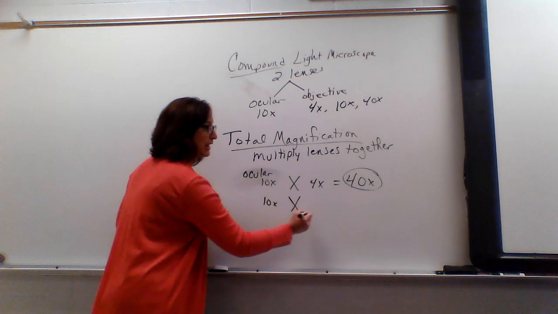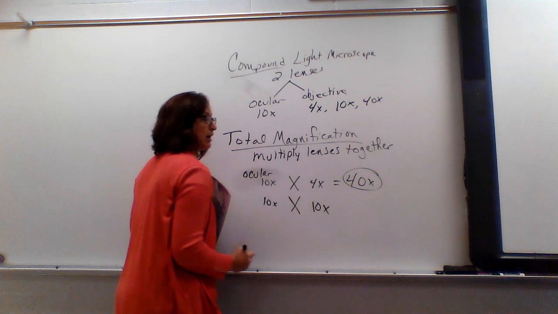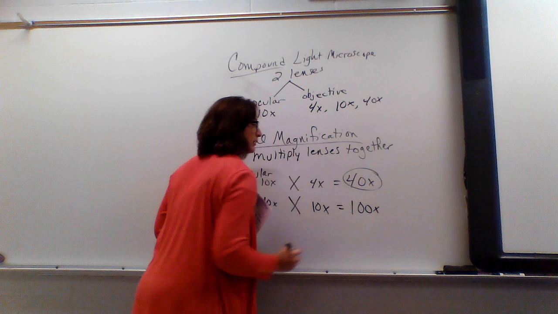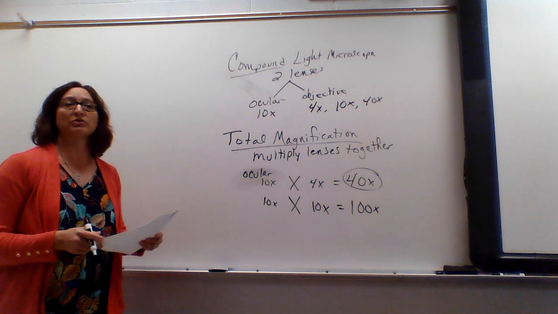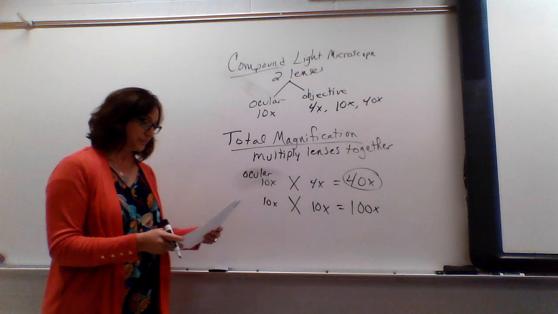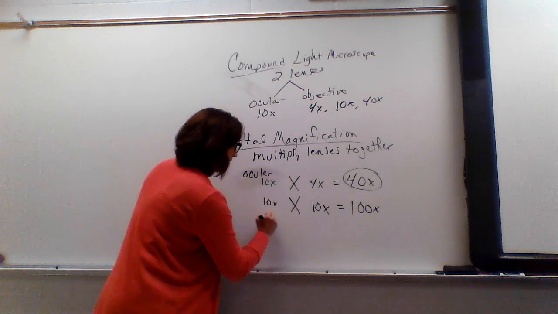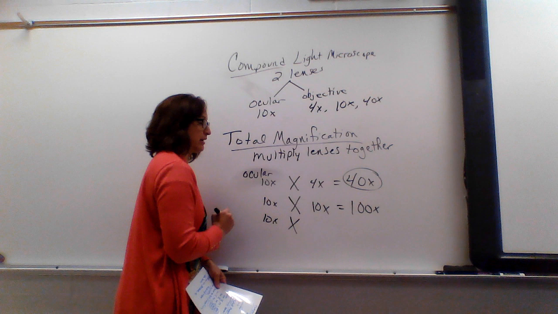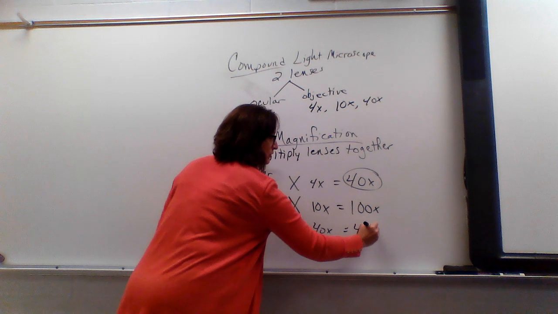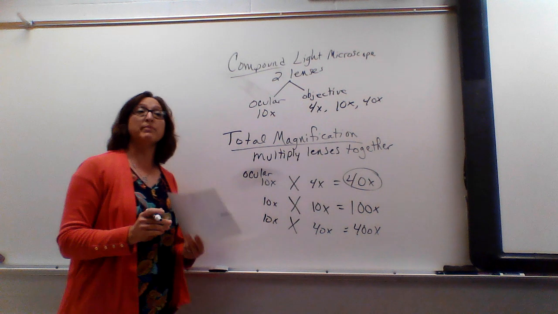You're going to multiply that times your medium power objective lens, and that's going to give you 100x for your total magnification. So it's going to be 100 times bigger than if you didn't use the microscope. And the last one, 10x times the 40x lens, which is going to give you 400 times the magnification.